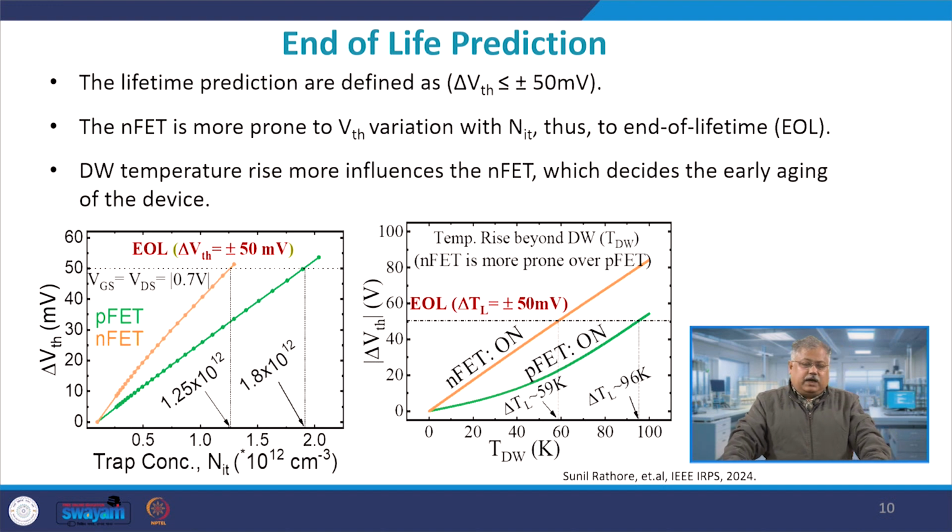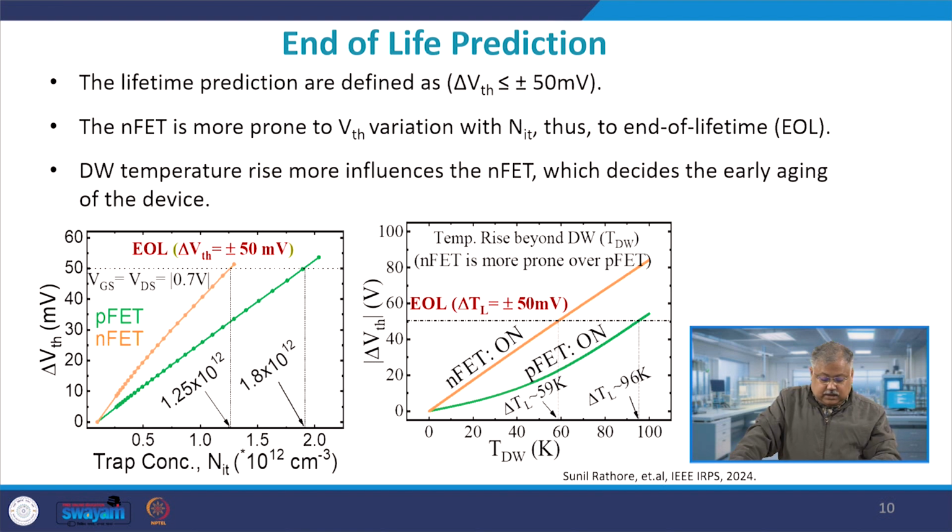Then if it falls below 5 millivolts or above 14 millivolts, the device is generally rejected and the end of lifetime analysis is done, which we will be doing on both N channel and P channel device.